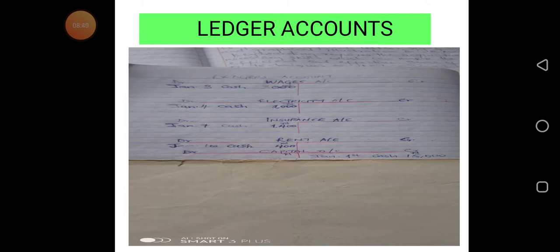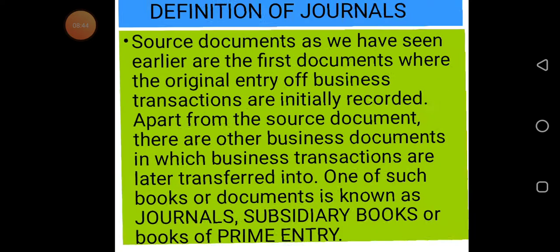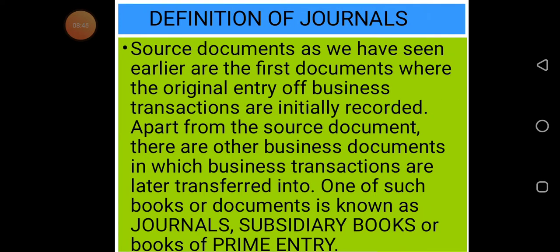Okay, so having said that, we have to go into the topic proper for today, and we say source definition of journals. Earlier we discussed source documents, and we said it is the original entry of business transactions when it took place initially.